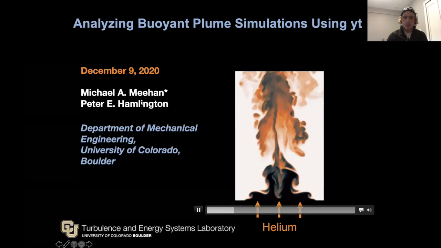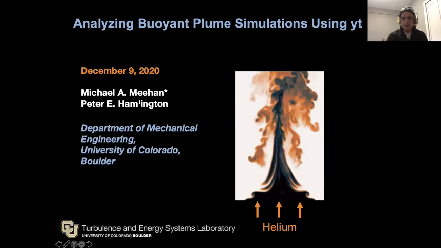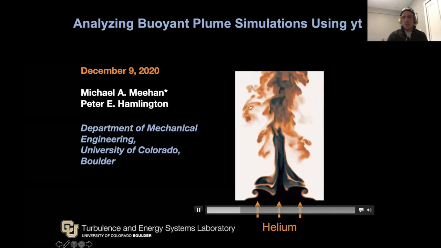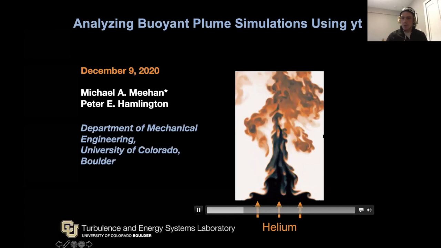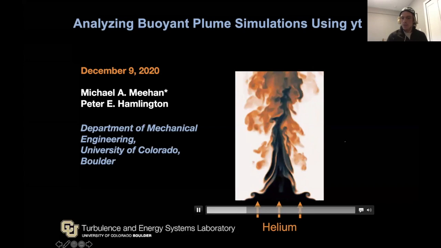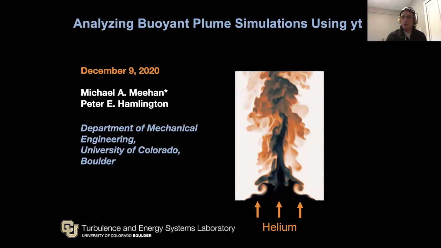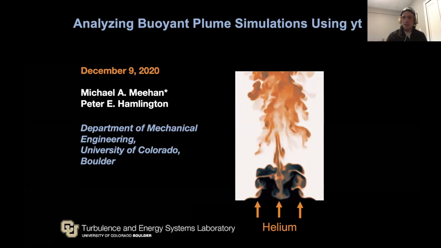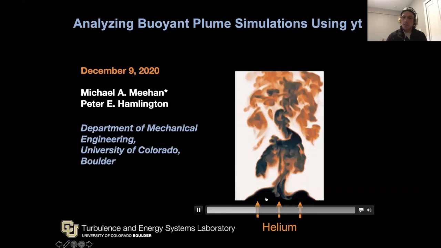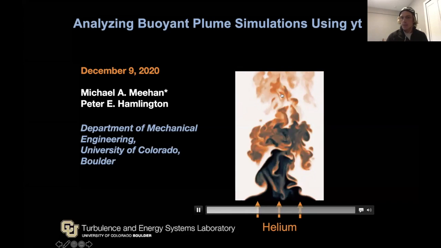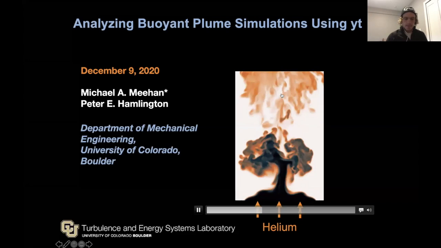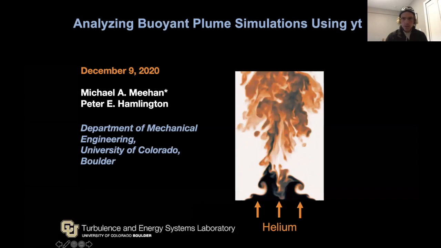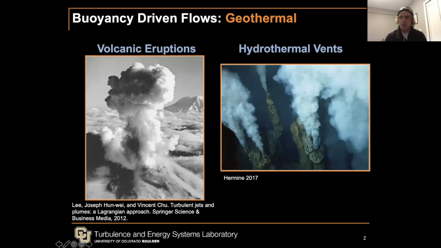I'm Mike, my PhD advisor is Peter, and on the right here, I have an example from a simulation that we're currently doing where we're injecting helium into ambient air. You can see we inject at a very slow velocity, and then buoyancy takes over and dominates the dynamics downstream. And so we see these kinds of applications in many, many different realms of the world.